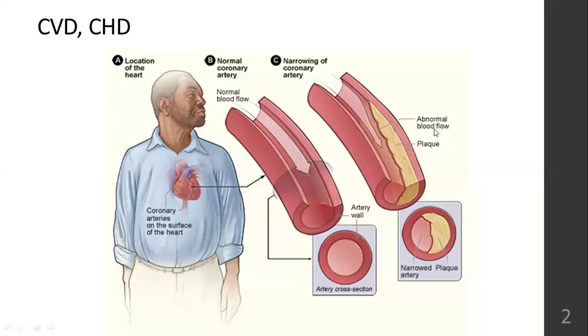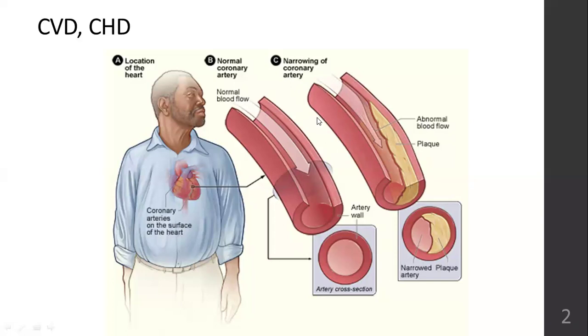It's around 47% of deaths in developing countries and 27% of deaths in developed countries. Among the people who are below 70 years of age, majorly it is cardiovascular diseases. So here you can see how a coronary artery disease starts.